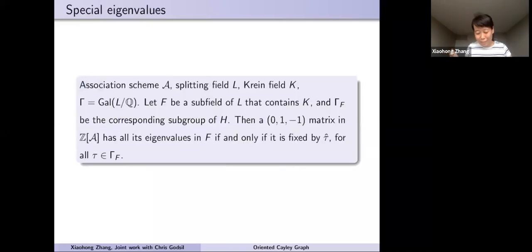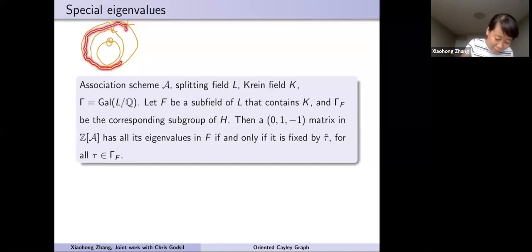This result helps us to transform from considering fields to subgroups. We have some field Q, the splitting field L, and the current field T. We look for all the 0, 1, -1 matrices such that their eigenvalues lie in between here.